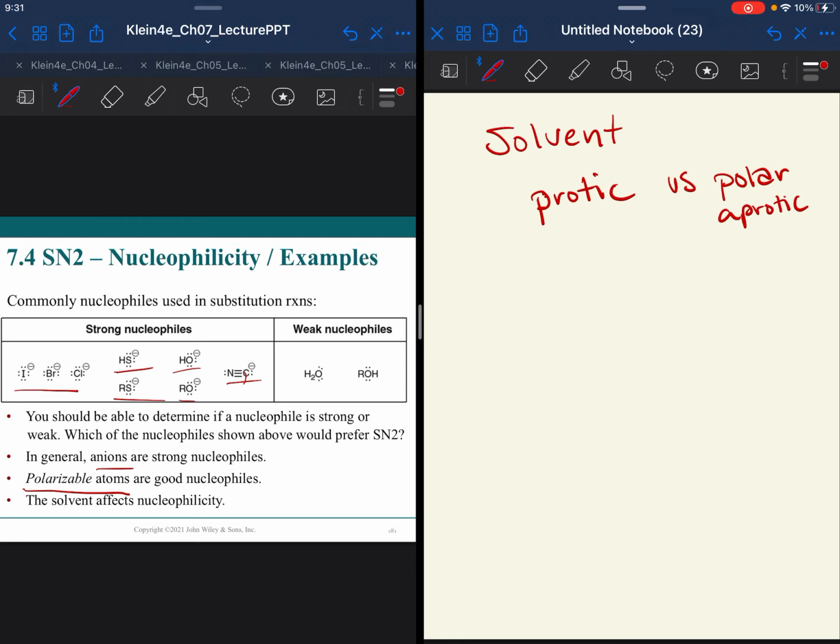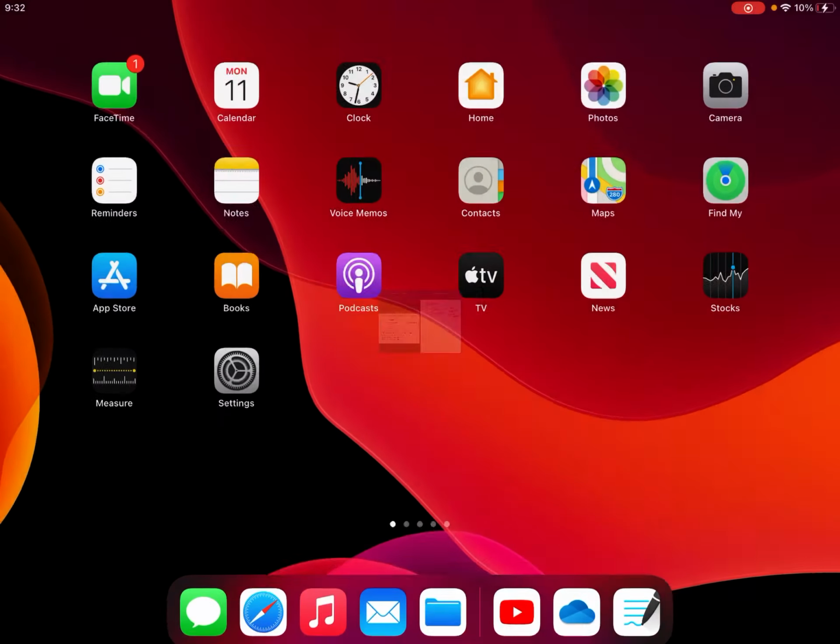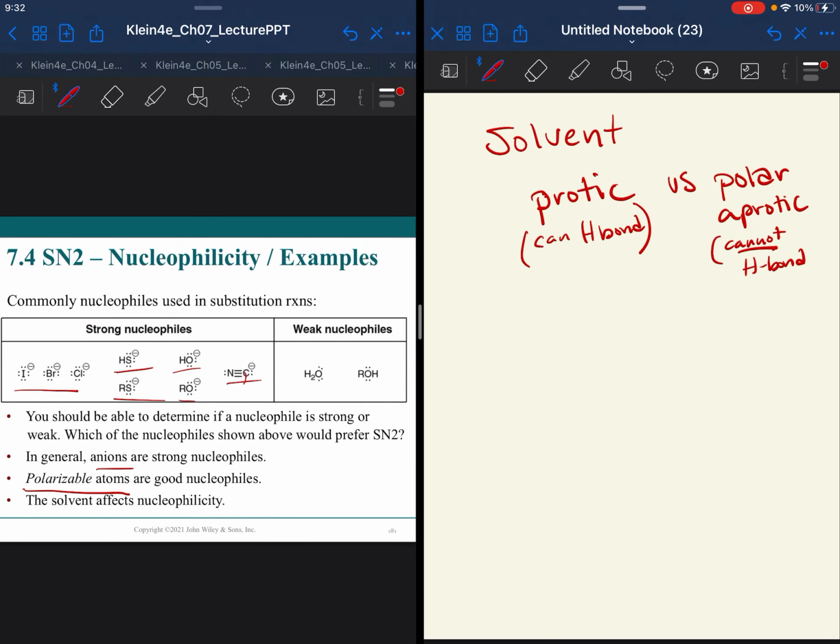A protic solvent, something with a hydrogen that can hydrogen bond. A polar aprotic solvent cannot hydrogen bond. Okay, so big difference. Your protic solvents are going to be water and alcohols.